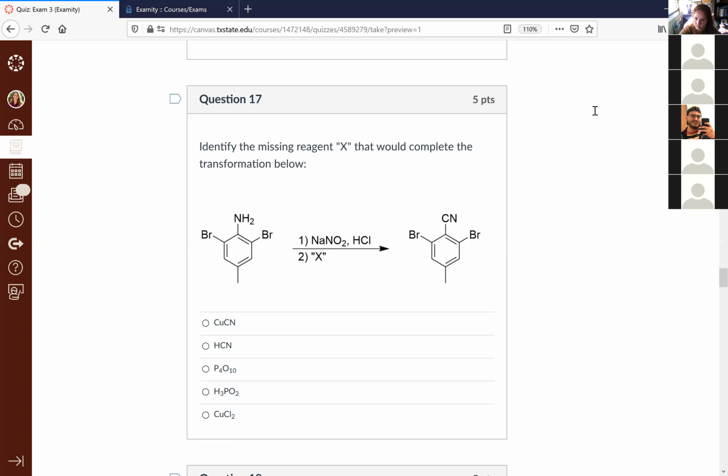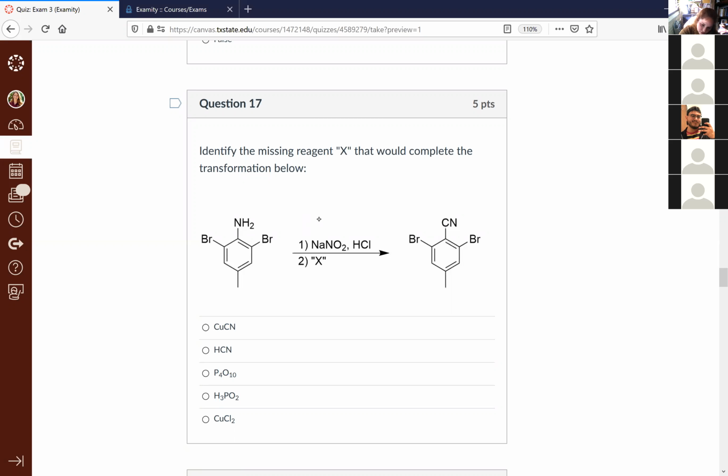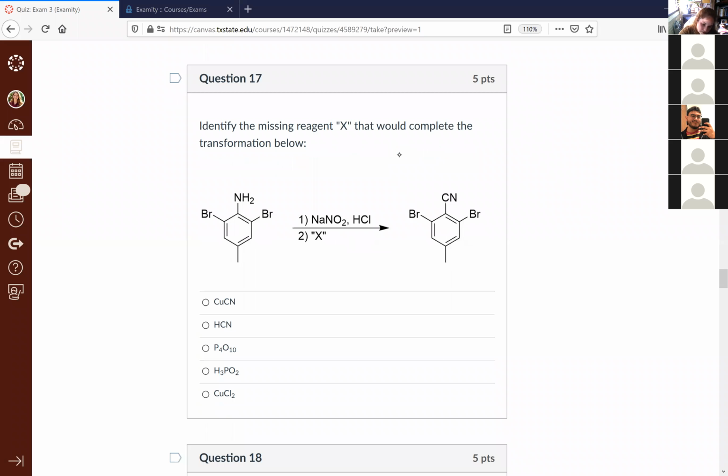Are you just making the diazonium salt? Yeah, the arene diazonium. So sodium nitrite and HCl together is essentially the same idea as reacting with nitrous acid, right? So this is going to turn this into the diazonium.